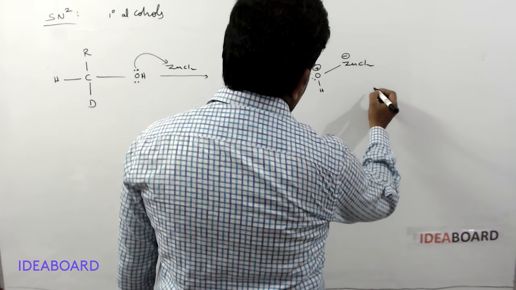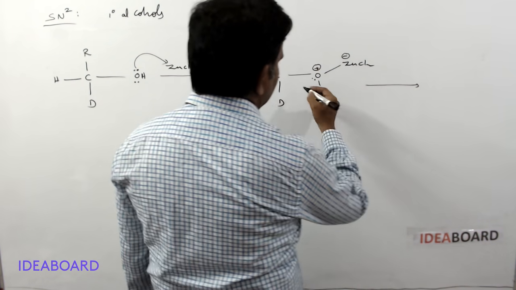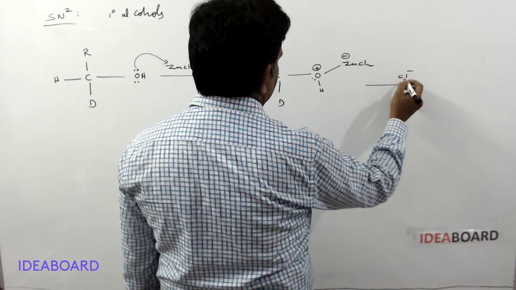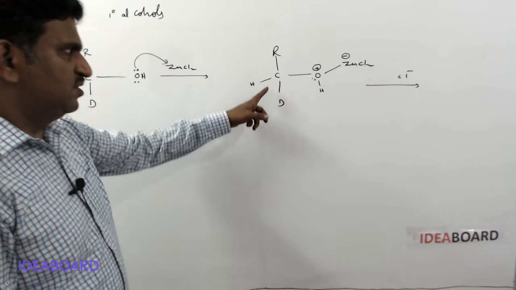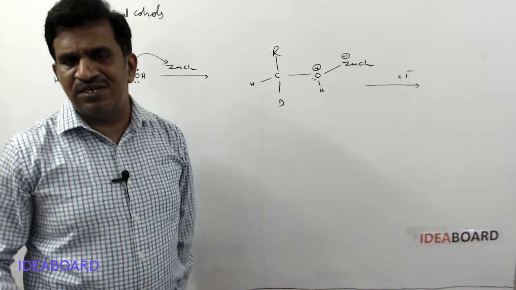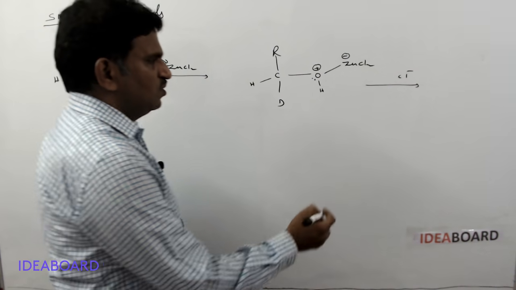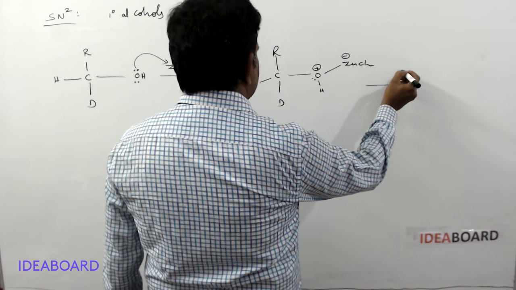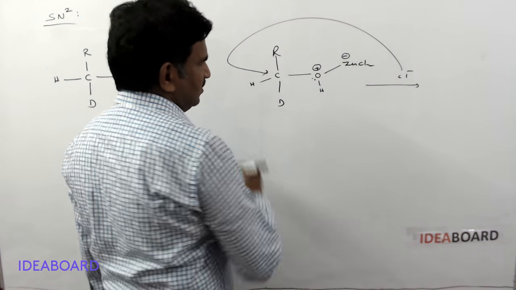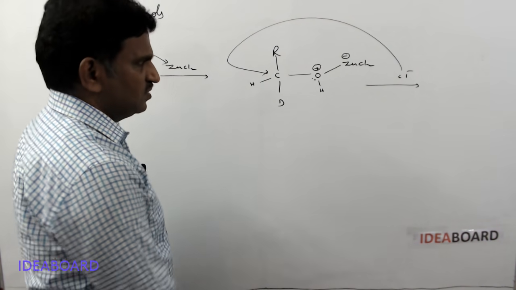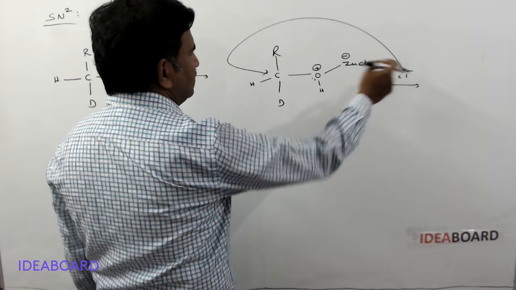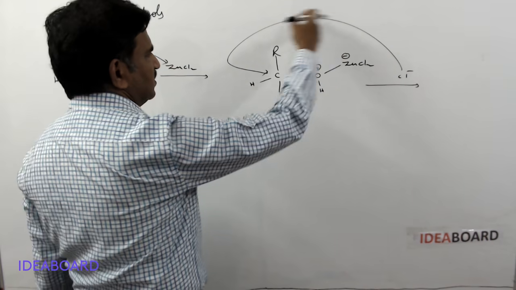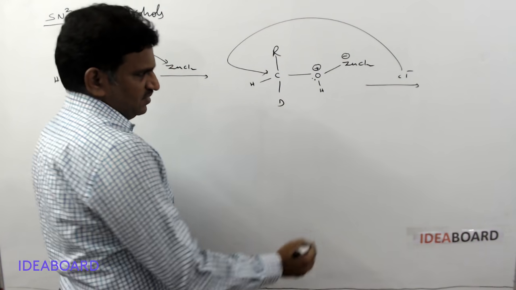Now on this there is an attack of Cl minus. This is not released as a carbocation because it would form a primary carbocation which is unstable. So the Cl minus ion attacks from the back side only, because the front side is already occupied and Cl minus would be repelled by the negative charge.